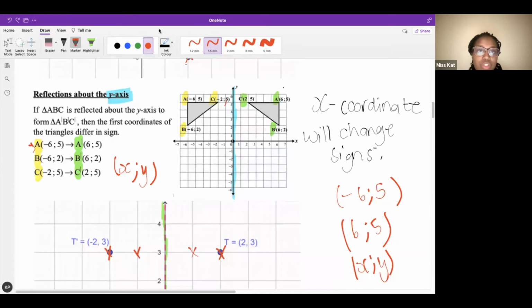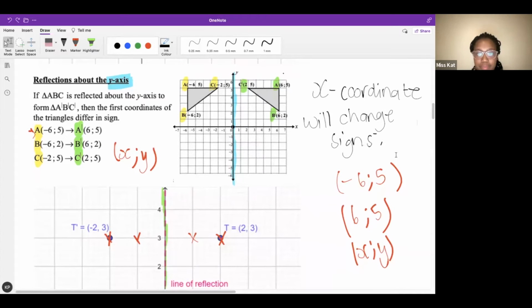Okay, I saw another question. Kaya. Hello, ma'am. Hello. So if the shapes are horizontal, the y-axis are going to be negative, and if it's vertical, the x-axis are negative.